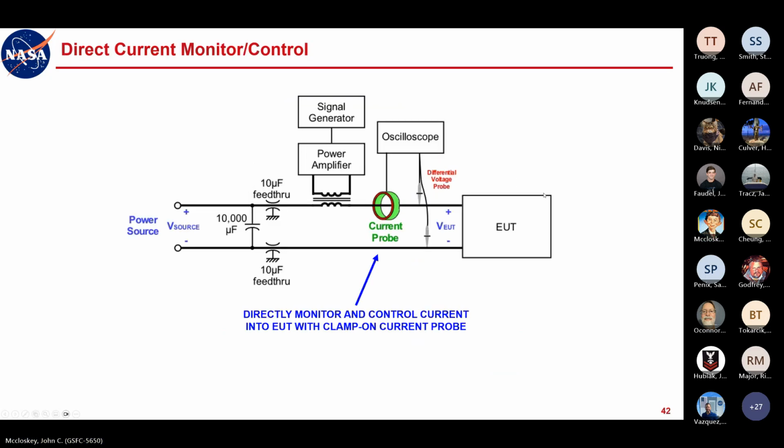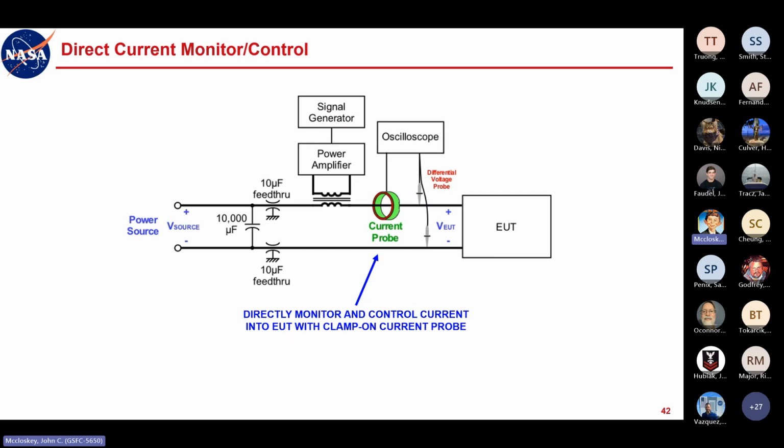Now an alternative, and this is the alternative I recommend, and this is what we do at Goddard: directly monitor and control the current into the EUT with a clamp-on current probe. Just put a current probe around the power feed, and if your control loop can accommodate it, include it in the control loop. So you're first trying to establish your desired potential.